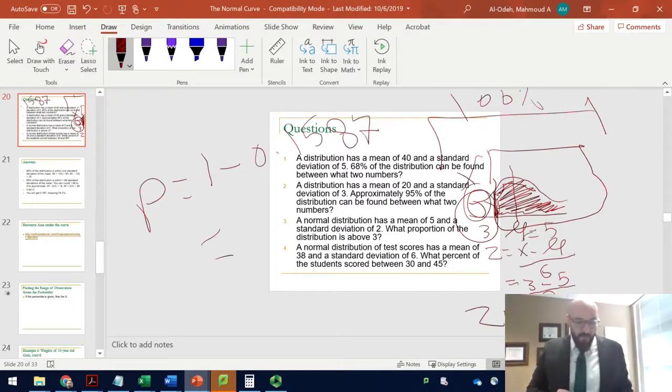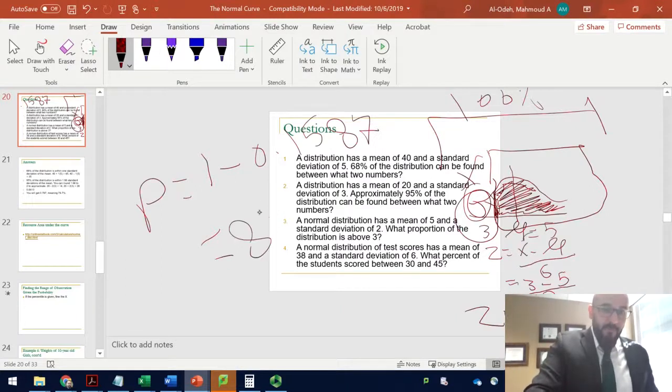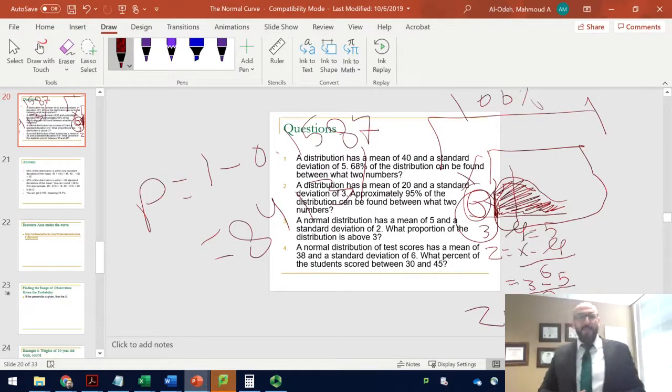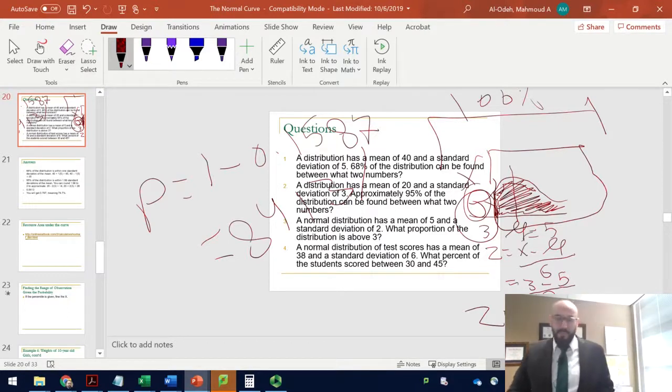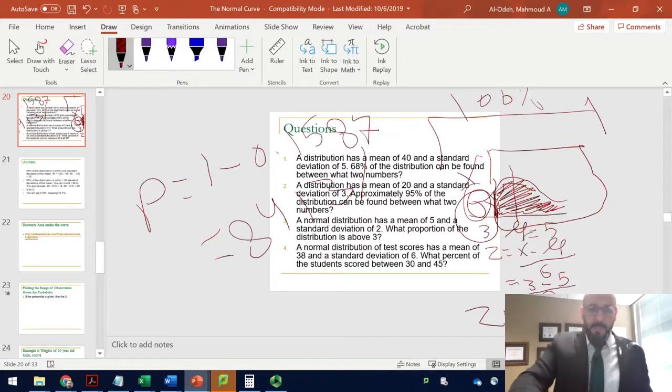And this should give you 84.13%. So the percentage of the data located on the right side of 3, or above 3, would be 84.13%. I hope this is helpful.